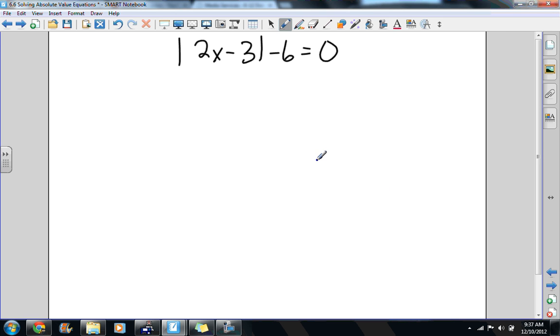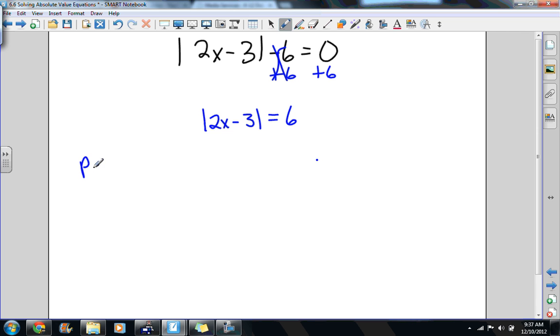Okay. So for this one, we want to do the positive and negative trick, but there's a problem. The absolute value bar is not by itself. Therefore, we have to add 6 to both sides before we start anything else. So we get 2x minus 3 is equal to 6.